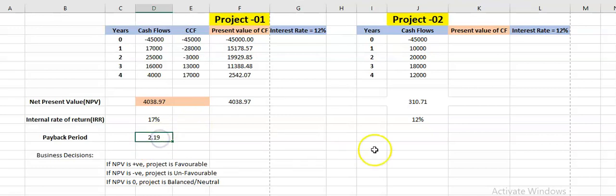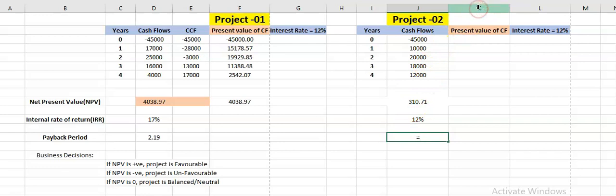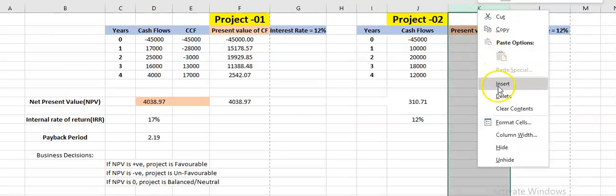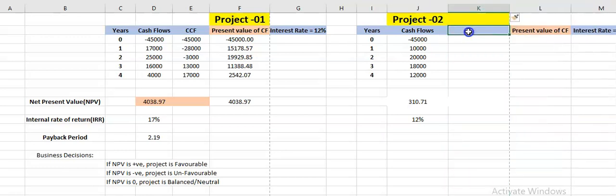Now calculate the payback period for project 2. Firstly calculate cumulative cash flows.